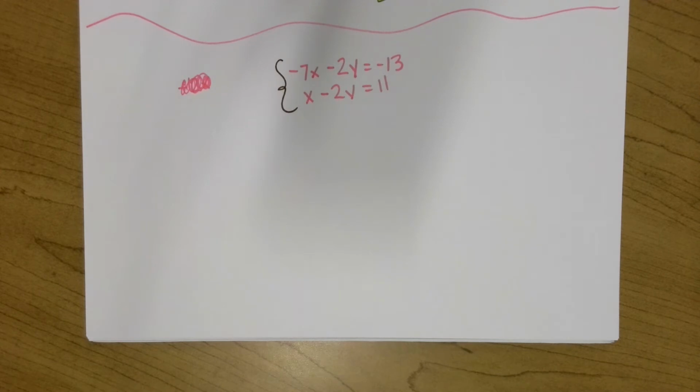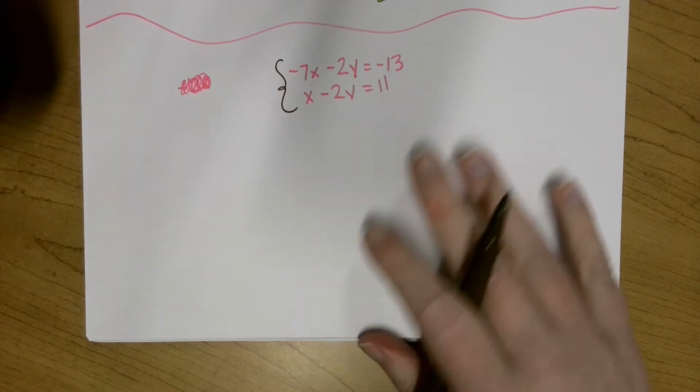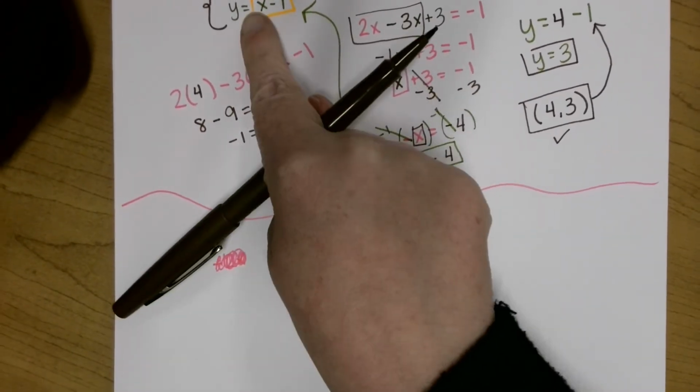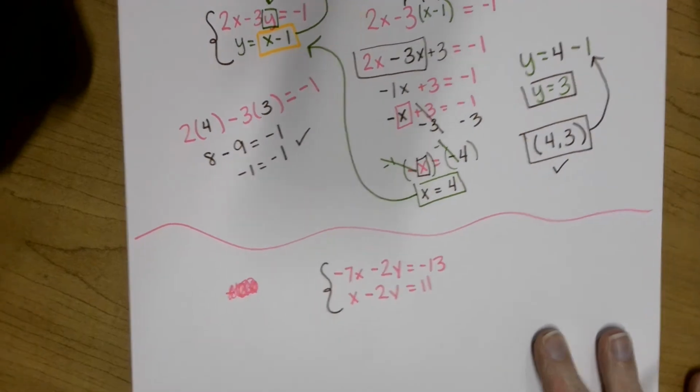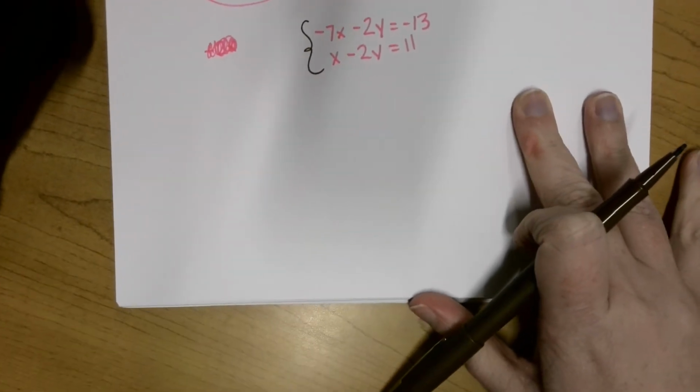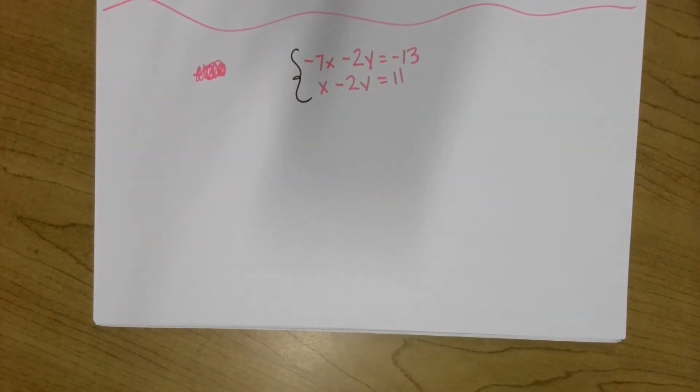Alright. So, this one is not set up pretty like the last one. The last one we did, we had a y equals already, so we could just take this and plug in. We don't have that, so we're going to have to play with this. So the first thing I'm going to do is look at both of my equations, and look for the easiest variable to get alone.